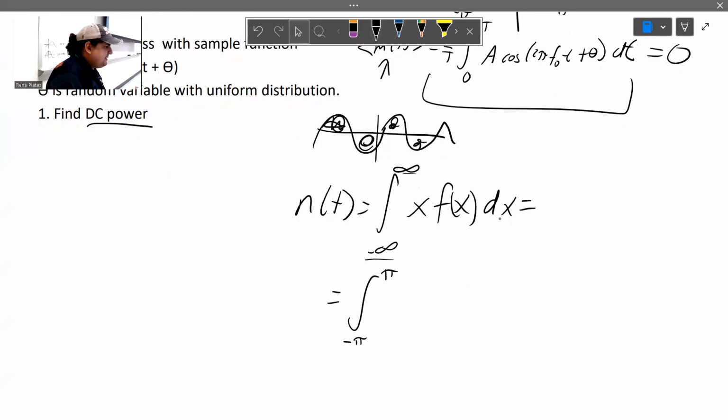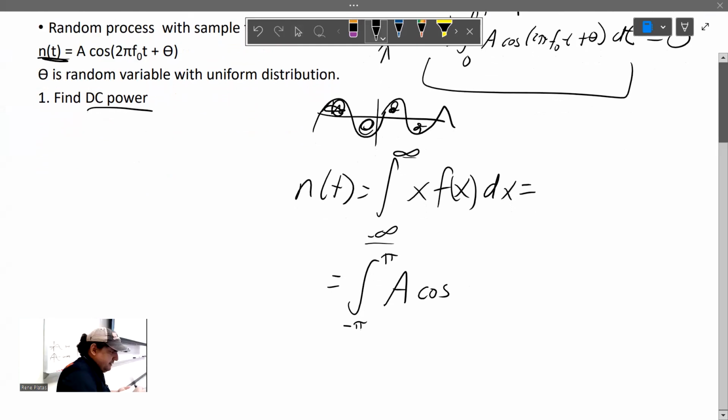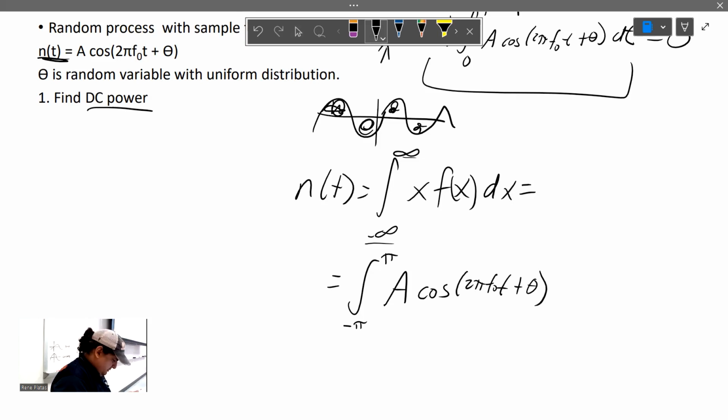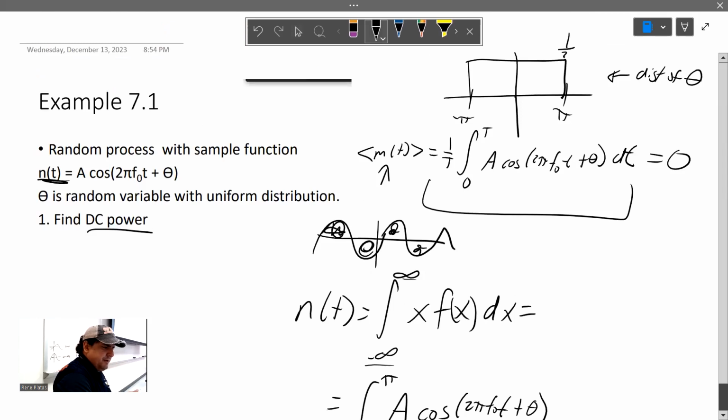Amplitude is ambiguous, we don't know what the amplitude is. Cosine of 2 pi f0 t plus theta. Apparently, the amplitude here is 1/2 pi. I don't know why. Oh, because it's a uniform distribution, right?